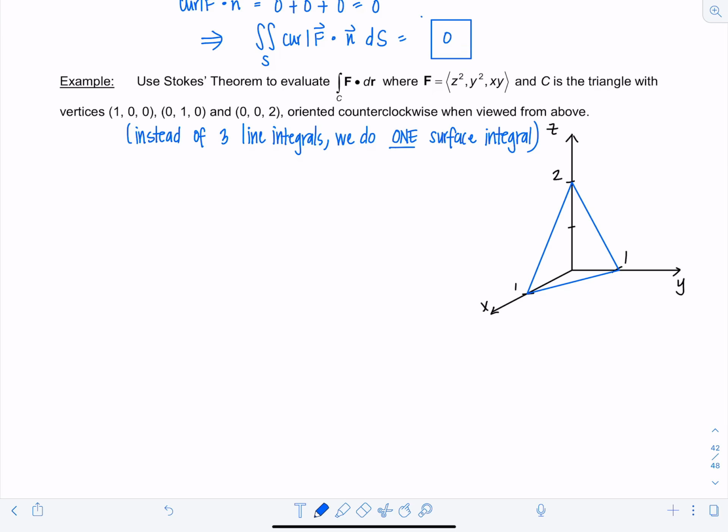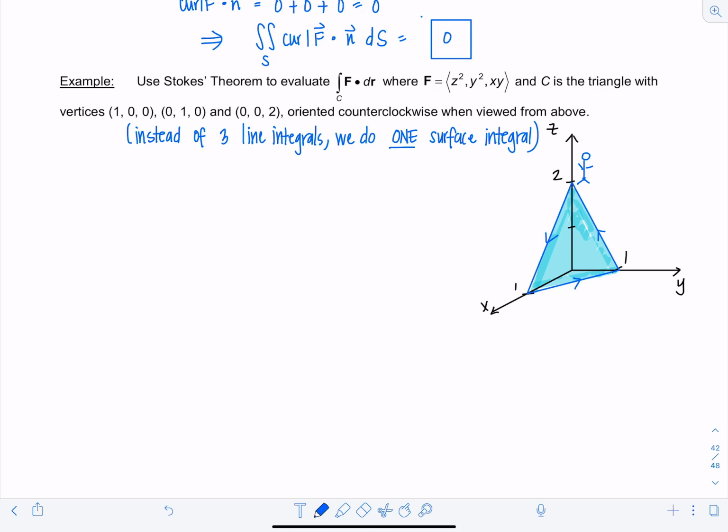Okay, so here's the surface. And then they told us the orientation is counterclockwise when viewed from above. Okay, so you decided to come hang out up here, look down at this surface. Orientation is this way. Okay, good.